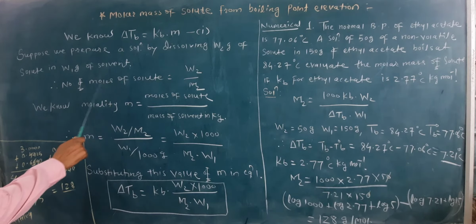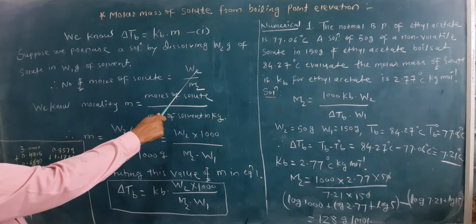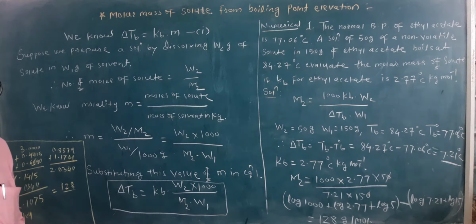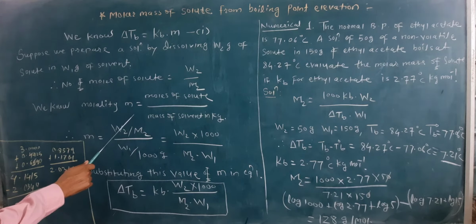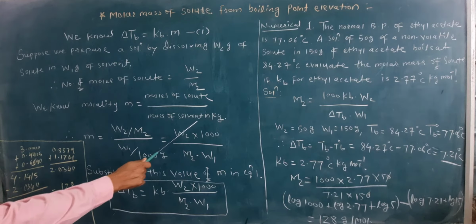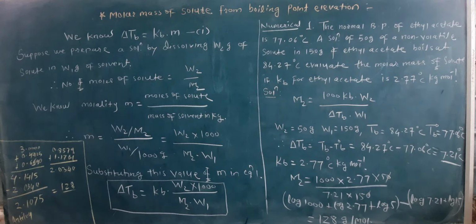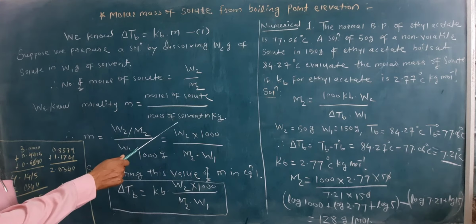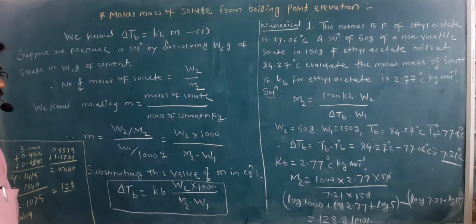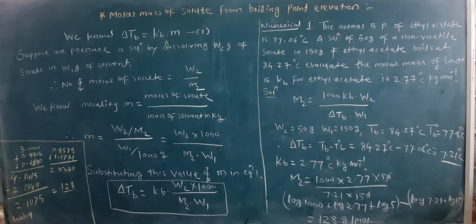The number of moles of solute is given by the simple formula W2 upon M2, where M2 is the molar mass of solute. We know molality, small m, is moles of solute upon mass of solvent in kg, that is, the number of moles of solute present in 1 kg of solvent.